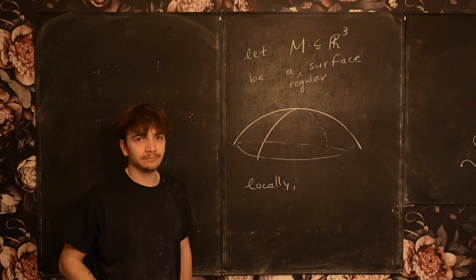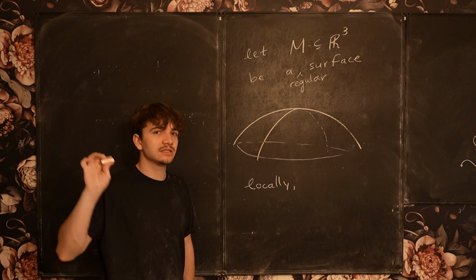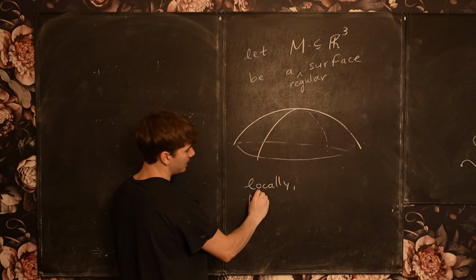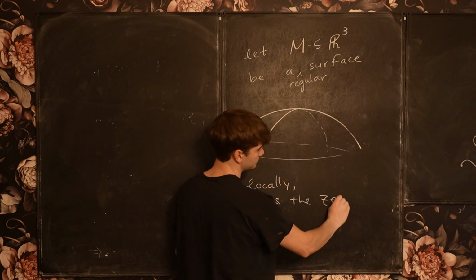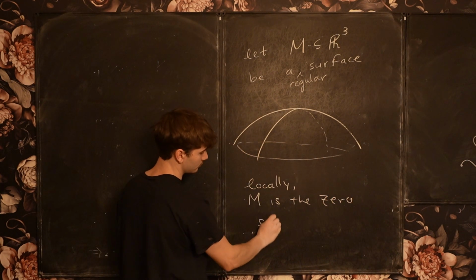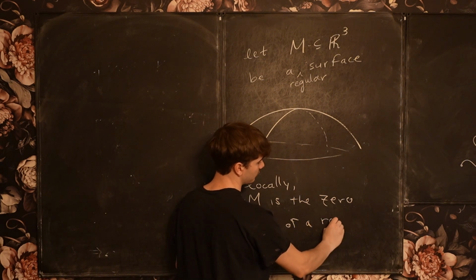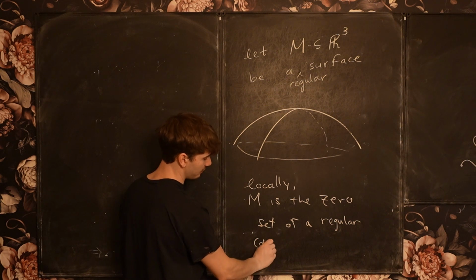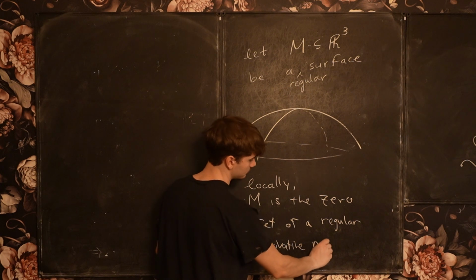So locally, what we want is that our surface is the zero set of some equation. So locally, M is the zero set of a regular function. Regular meaning derivative non-zero.